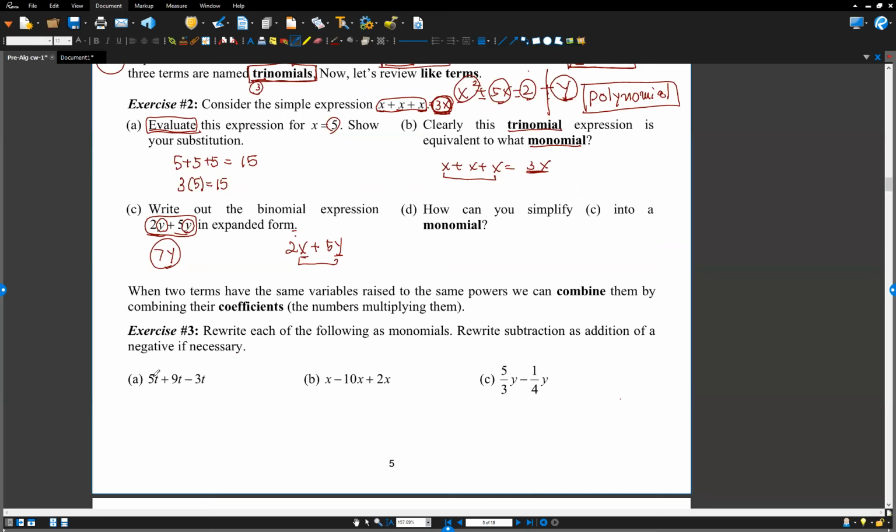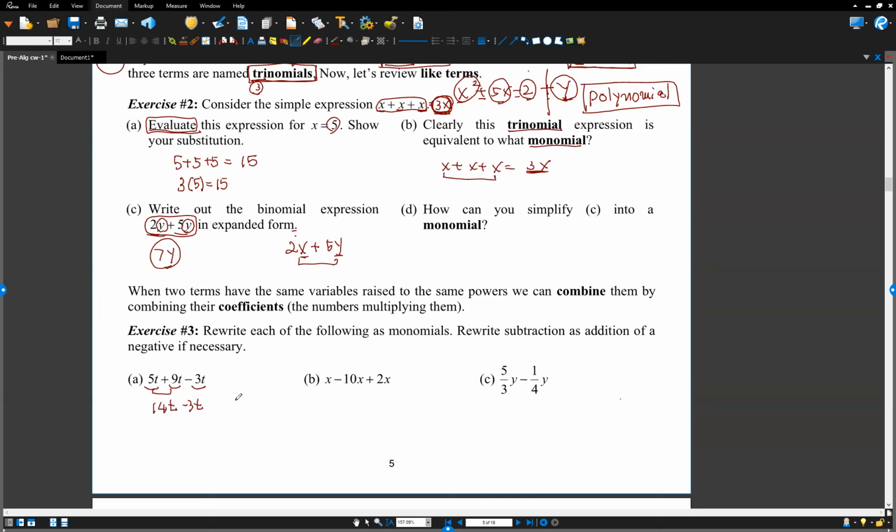Right? This is a trinomial. One, two, three. But this trinomial has like terms. You can change into monomial. 5 plus 9 is what? 14 apples. Subtract 3 apples.